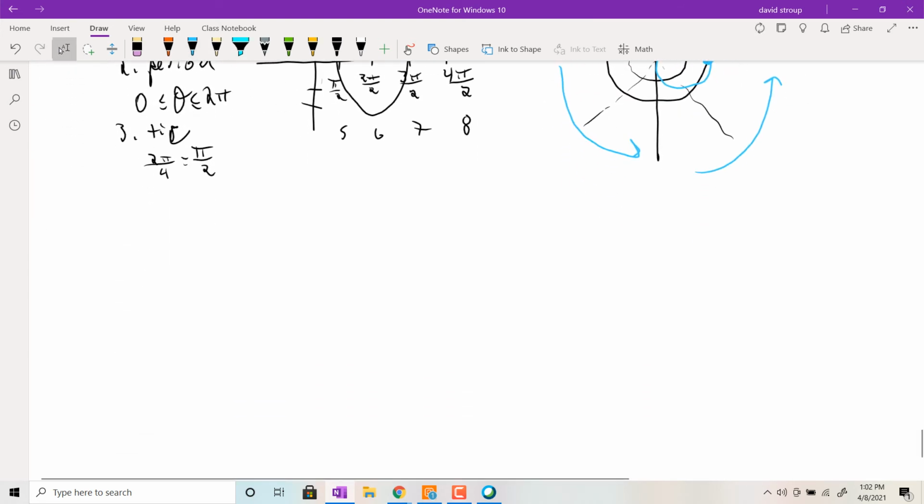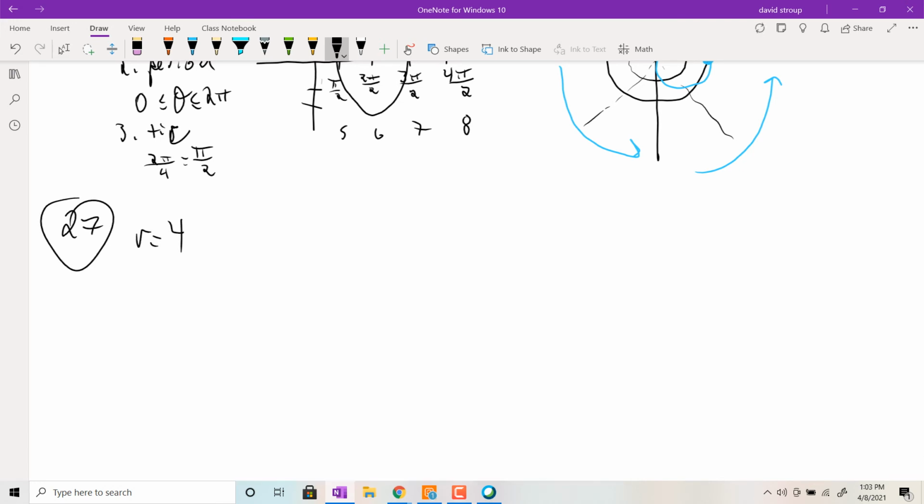Okay, let's look at 27. Looking at this guy, because it has that weird 3 theta on the inside of it, that means it's a rose petal. So again, first I get the amplitude. That's A is 4. Secondly, the period.